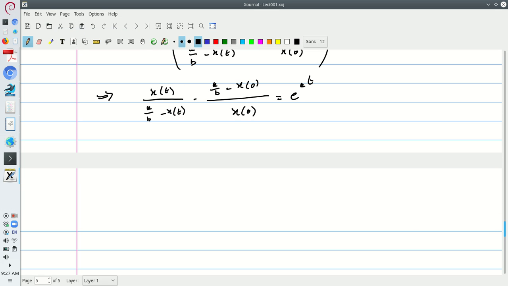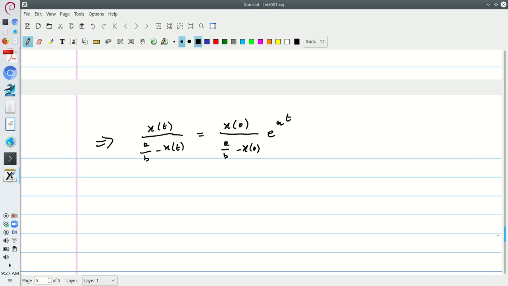Let's take the inverse of this. Let's write this in the following way. First, x of t divided by a divided by b minus x of t is going to be equal to x of 0 divided by a divided by b minus x0 times exponential of at.